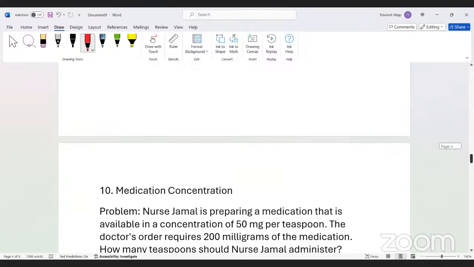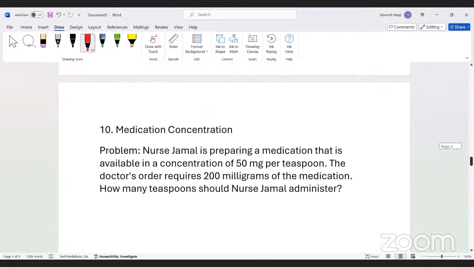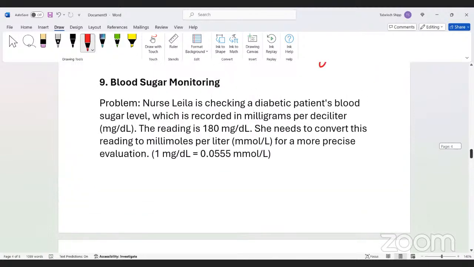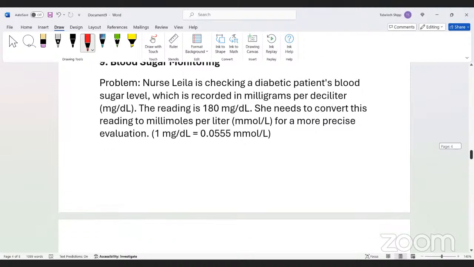Let's see here. I'm going to save number 8 for another time, because number 8 is dealing with density. And I know it deals with the patient's sugar blood level, but in order for you all to understand what I'm going to do with this particular problem, I've got to show you how to do a density problem.